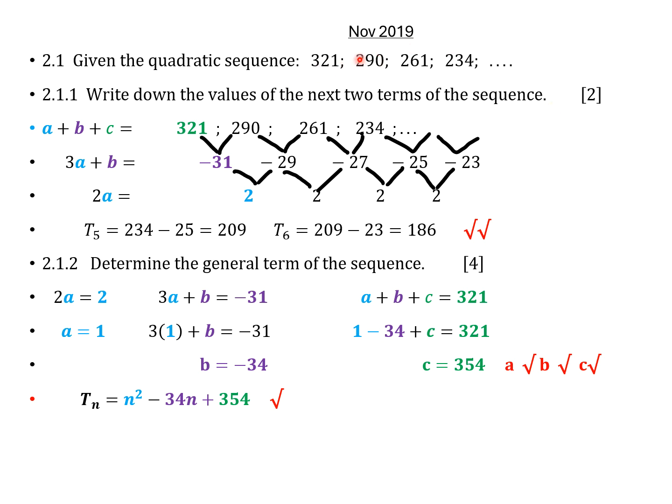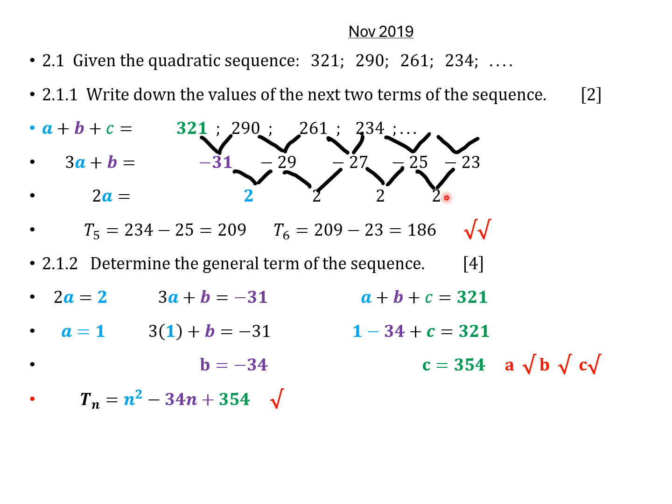290 minus 321 gives me -31. 261 minus 290 gives me -29. 234 minus 261 gives me -27. -29 minus -31 gives me 2, and -27 minus -29 gives me 2.